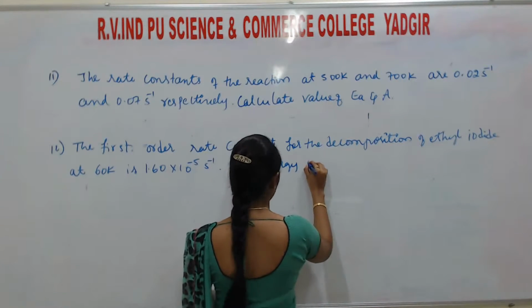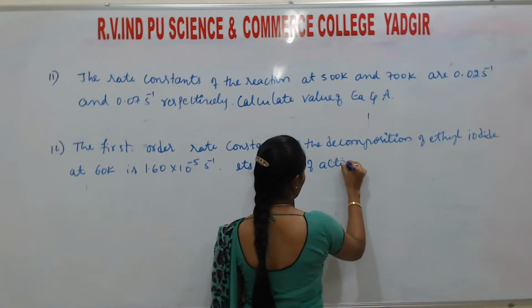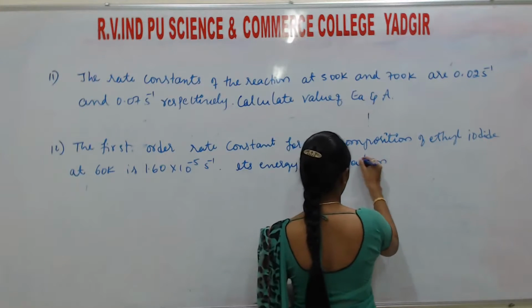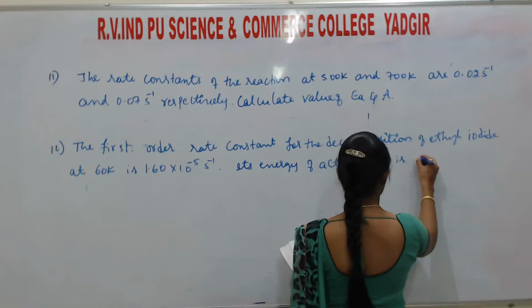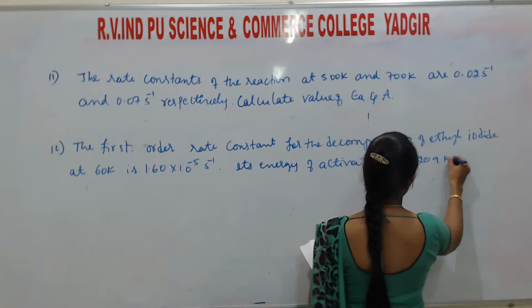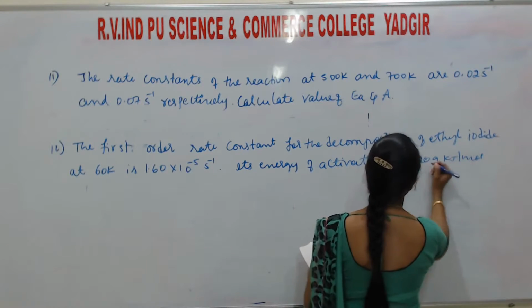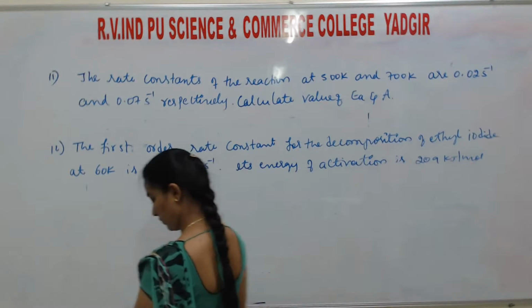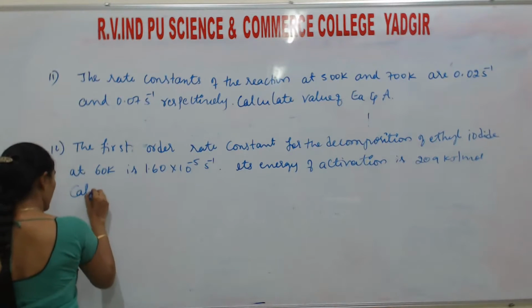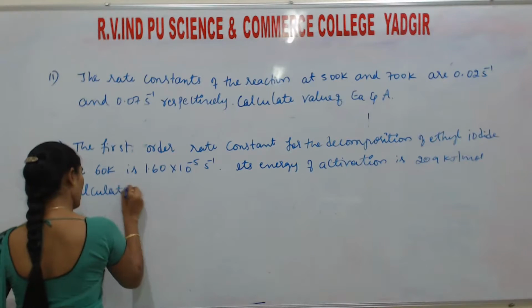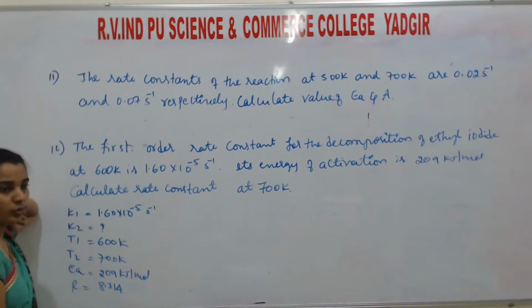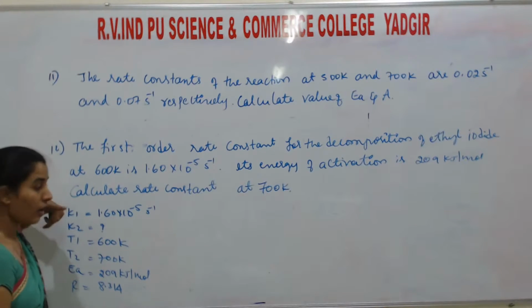Its energy of activation is 209 kilojoules per mole. Calculate K2. Okay, how to calculate?